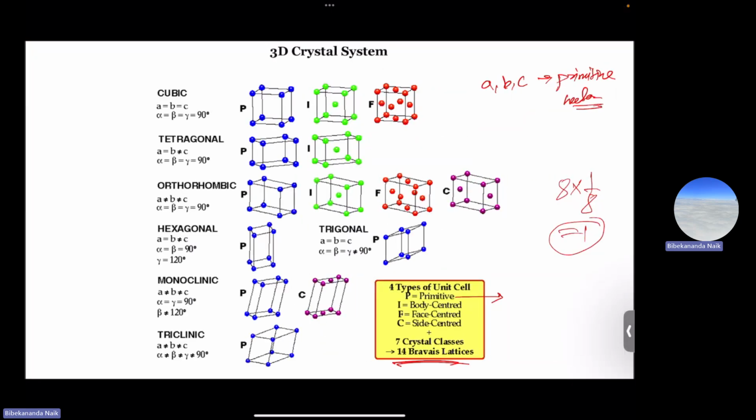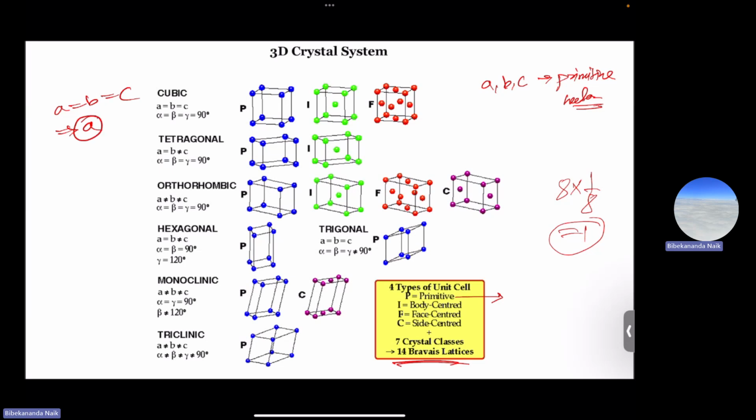Now, if you see here, in case of cubic, a equals b equals c. So we can assume that a is the independent parameter. Since a, b, c are equal, there is only one unit vector here. So in case of cubic, since all parameters are equal, there is only one lattice parameter, that is a.